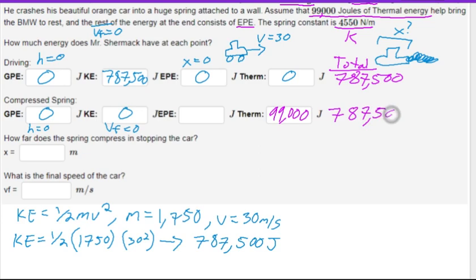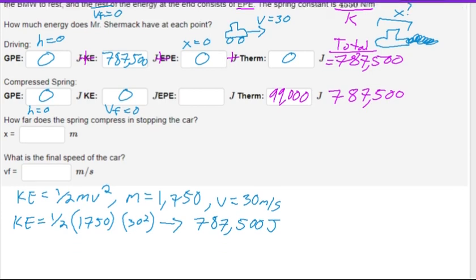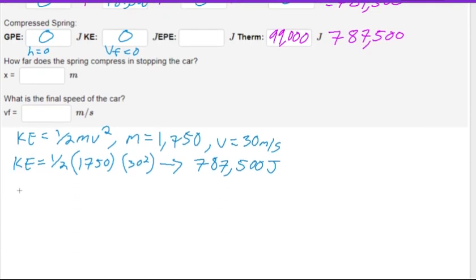And we know that we get the total from adding everything up. So this plus this plus this plus this should equal our total. Same with down here. Those two are 0, so that means that EPE plus thermal should give us that. So in order to figure out the missing EPE, we're just going to write that down here. We have EPE plus thermal is equal to our total.